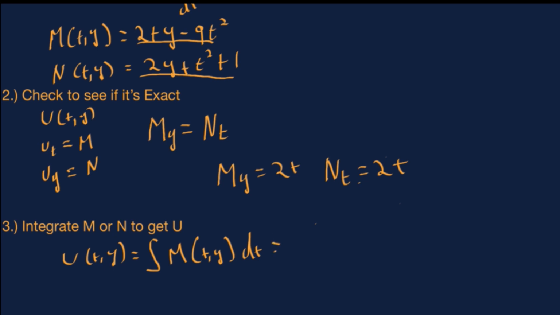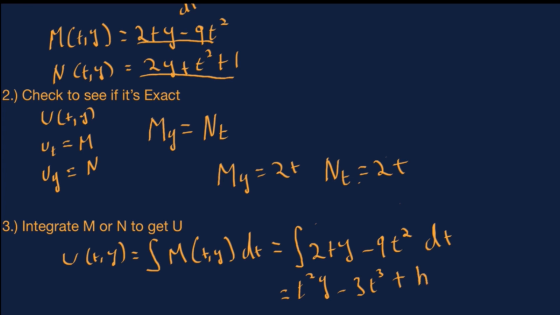And so in our case, the integral of M of t and y is the integral of 2ty minus 9t squared dt. And when we integrate that, we get t squared y minus 3t cubed plus, now instead of a constant of integration, what we will put here is actually a function of y.